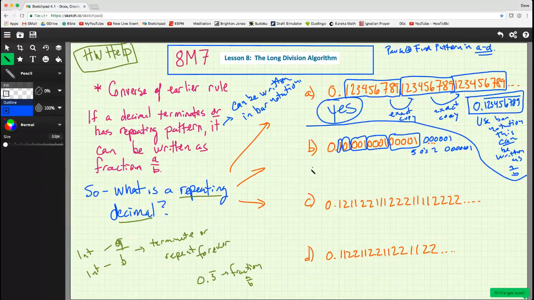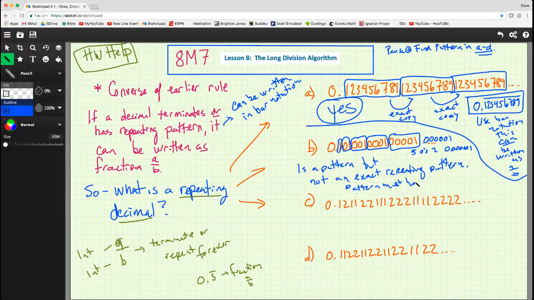There is a pattern, but not an exact repeating pattern, because the pattern must have the same number of digits.